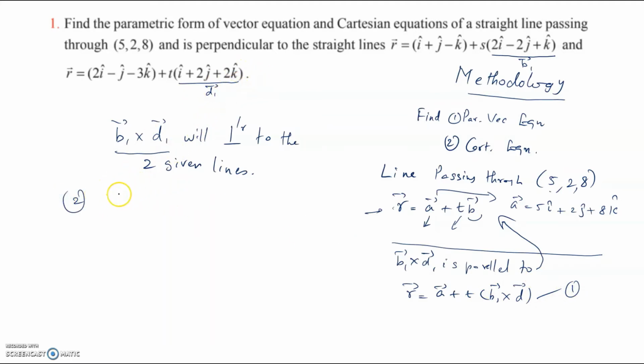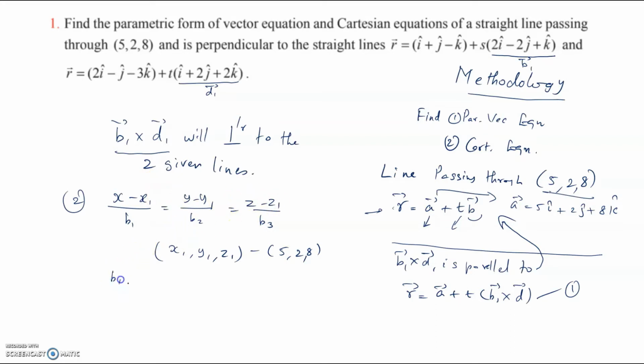Now, for the Cartesian equation, you know the form is (x − x1)/b1 = (y − y1)/b2 = (z − z1)/b3. Now, x1, y1 and z1 is a point. So, this point is going to be our (5, 2, 8), so we will be able to substitute these points here.